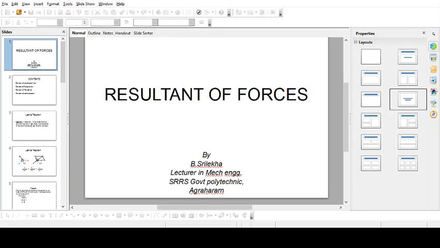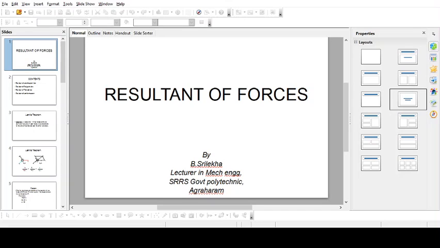In that, this law states that if two forces acting at a point are represented in both magnitude and direction by the two adjacent sides of a parallelogram, then the resultant of the two forces is represented both in magnitude and direction by the diagonal of the parallelogram passing through the same point.